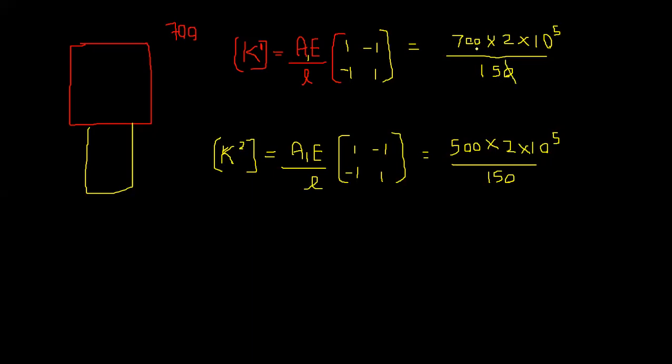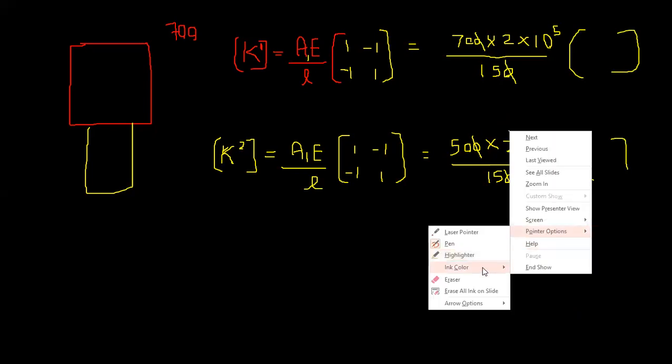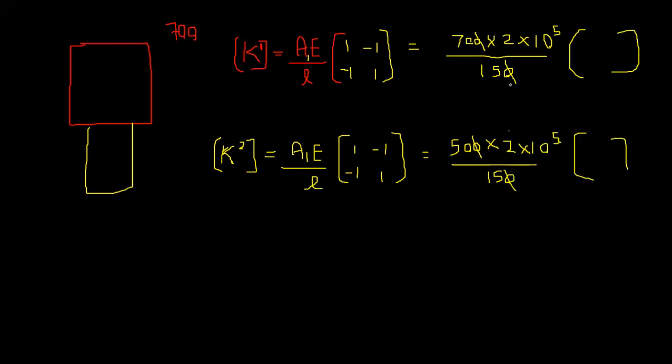So you can cancel this term with this, right? So you can write this as 10 to the power 6. There will be the matrix as well, so you need to keep the same thing as the constant here.